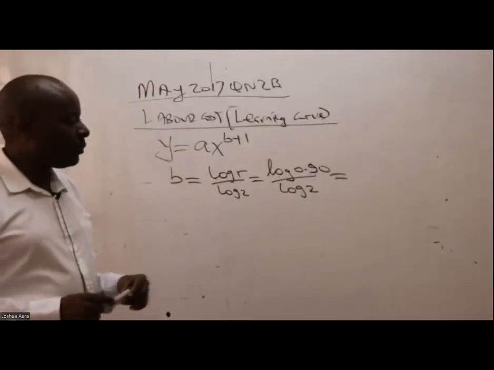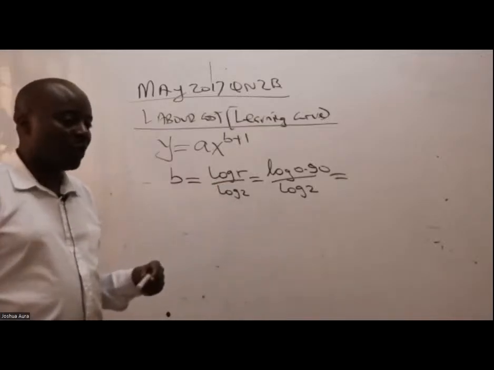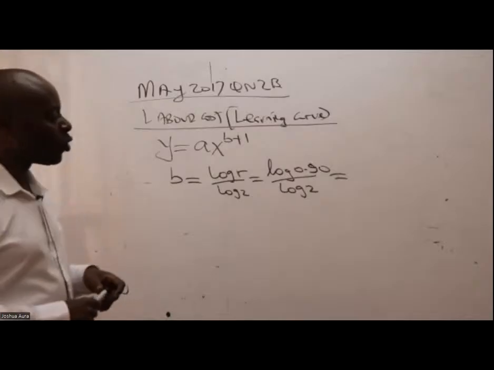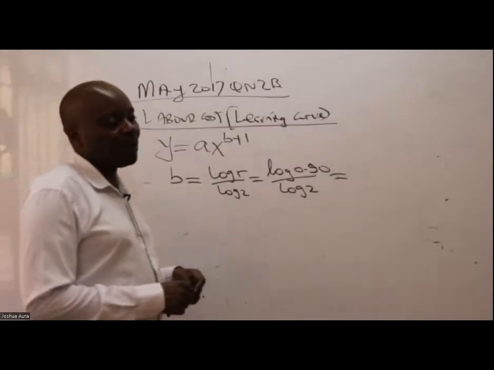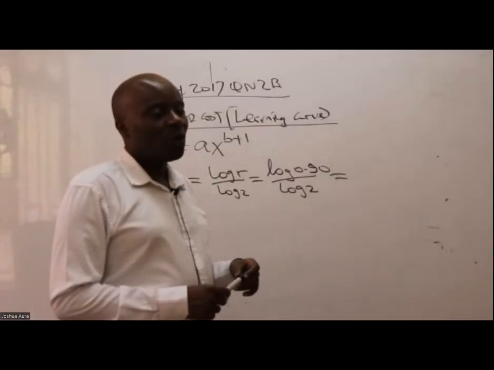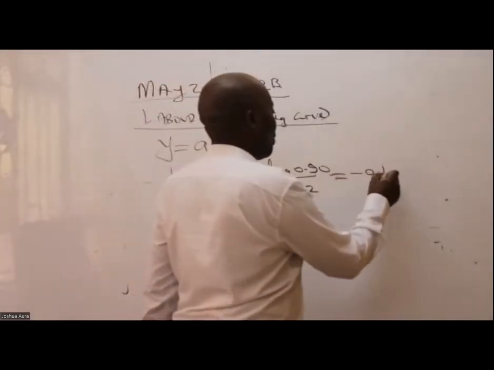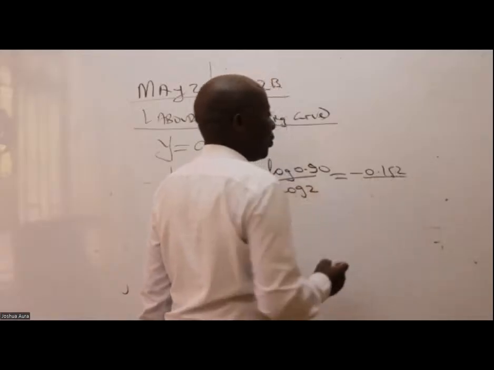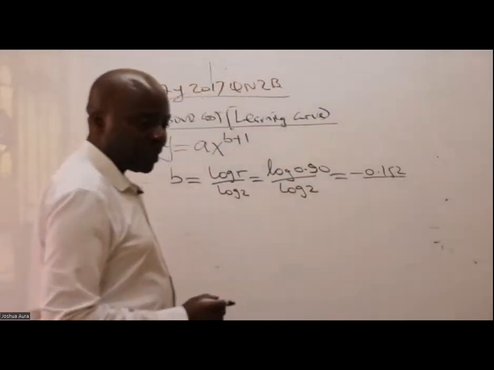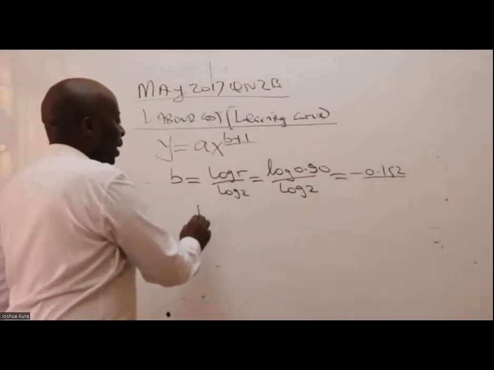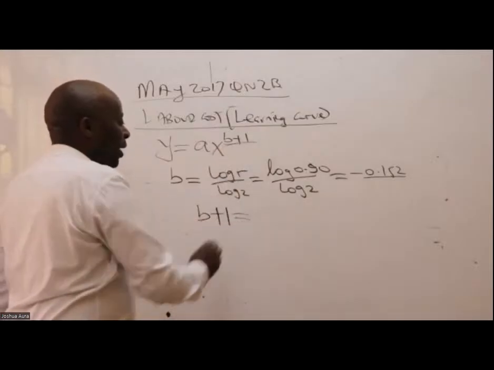So is there somebody who is able to prove that whatever we have in the question is what we are able to get from our calculators? What is log 0.9 divided by log 2? Ladies and gentlemen, please help me out here. Log 0.9 divided by log 2, it's minus 0.152. Thank you. So the moment I get that, I know the power here tells me to add 1 to b.